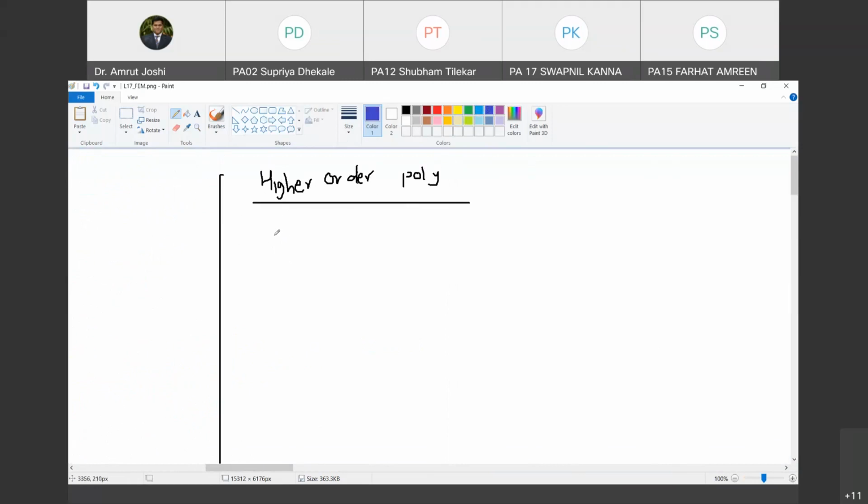Now I will consider f of x equal to ax raised to 4 plus bx cube plus cx square plus dx plus e. Happy? Yes.